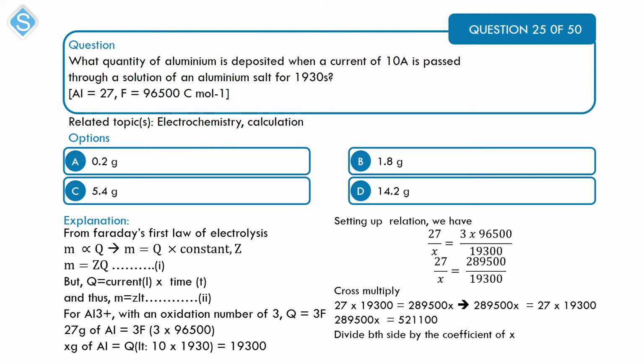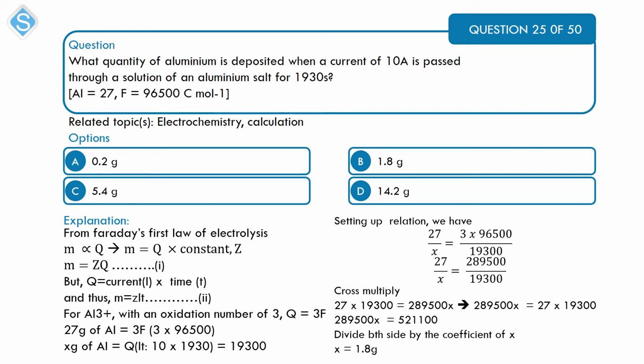So you're going to have 27 times 19,300, and all of this equals 289,500 times X. Then you can rewrite this, bringing X to the left side; nothing changes, it's just rewriting the equation. So 27 times 19,300 is 521,100. To get the value of our X, we divide both sides by the coefficient of X, which is of course 289,500.